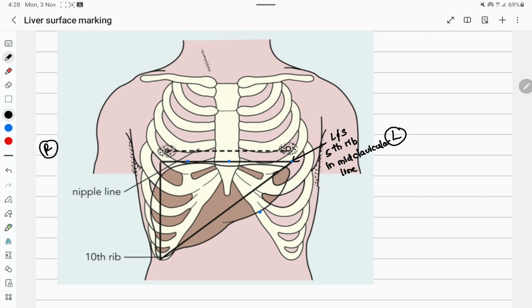The second point corresponds to the xiphisternal joint here. The third point corresponds to the intersection of the mid-clavicular line on the right fifth rib. That means here, right side fifth rib at the mid-clavicular line.